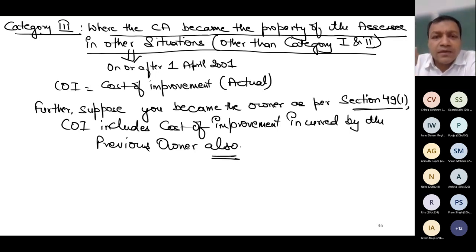Very simple. And if you become the owner of the asset in any situation which is not covered in category 1 and 2, then whatever is your actual cost of improvement, that is your cost of improvement. And in case you have become the owner because of the situations mentioned in section 49(1), then cost incurred by the previous owner is also taken into consideration.